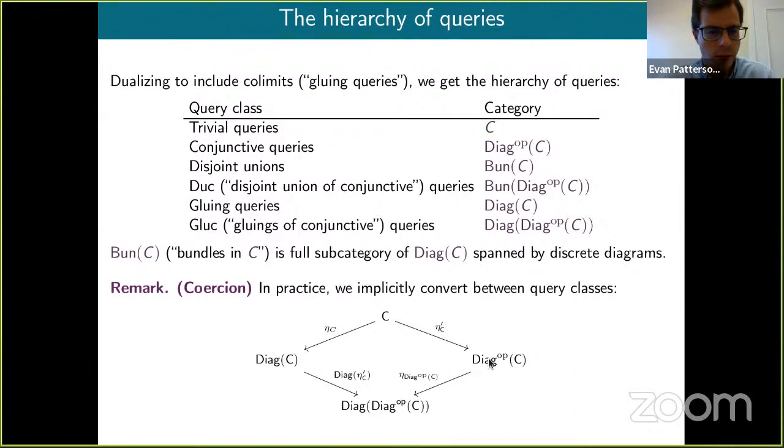And as the notation suggests here, this is the unit part of some monad on this diagram construction. And then we can apply that again to get to glut queries. And so the convention here is that you put the colimit on the outside.